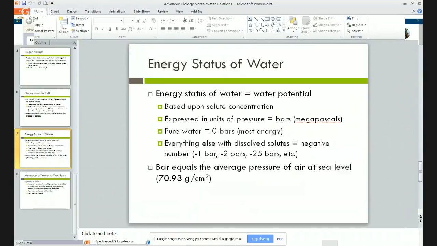This is expressed in units of pressure because we're referencing turgor pressure. We're going to measure your energy status in bars.